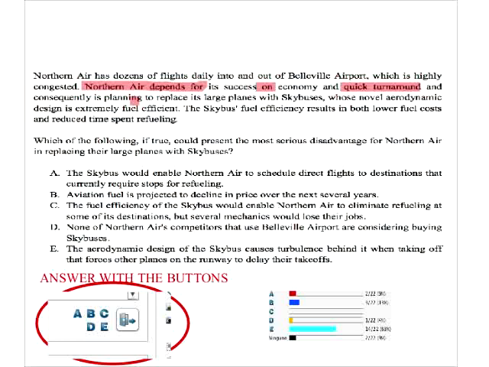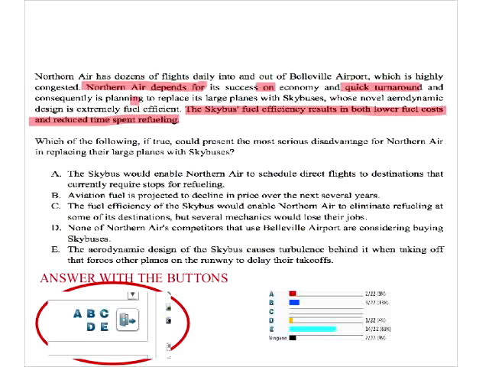The fuel efficiency results in lower fuel costs and reduced time spent refueling. So this is a fact. We can't question the fact that it's reduced refueling time. These are facts, so anything about fuel costs or refueling isn't really relevant, and you can't touch these.